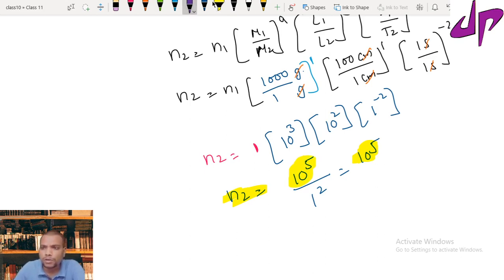So these corresponding units, what can you write? Dynes you can write. So therefore finally I can write that 1 Newton equal to 10 power 5 dynes.